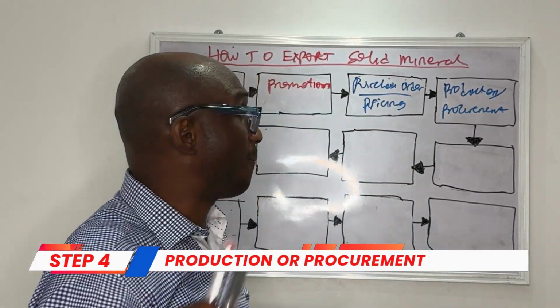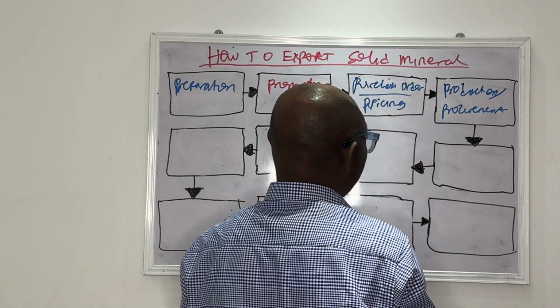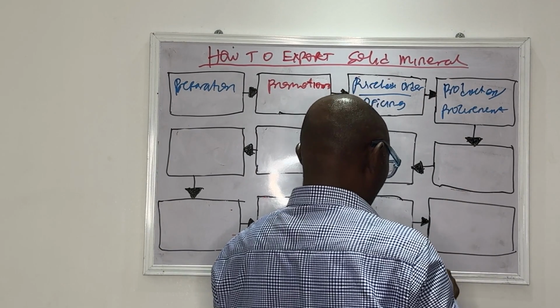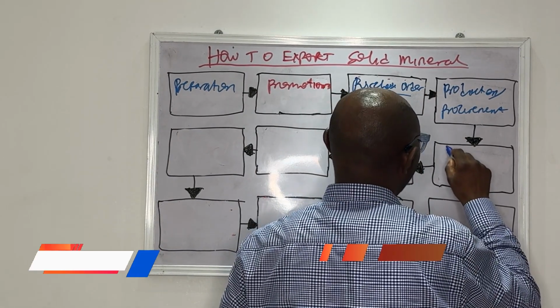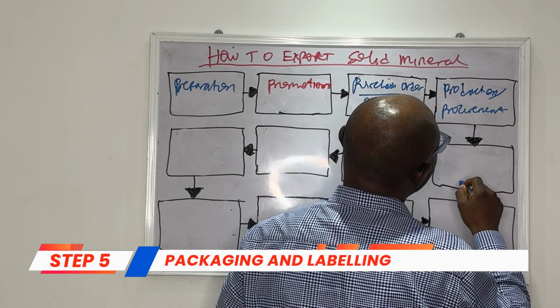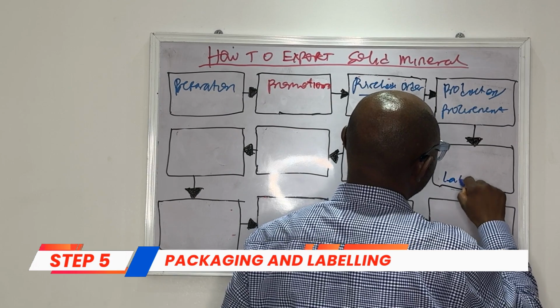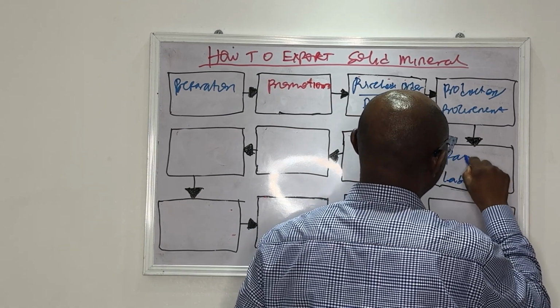Now, even if I'm buying finished goods, I need to consider this, and this is a very important point. That is the point of labeling of the goods and packaging of the goods.